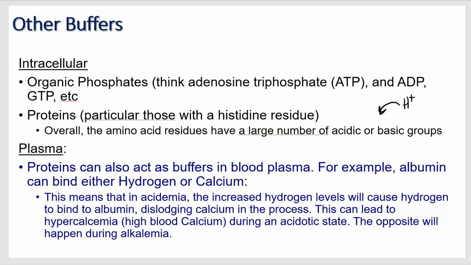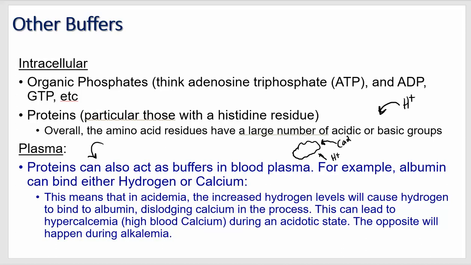I will say that proteins can also be outside, and in fact, I will say it right here, because it's written. So proteins can also act as buffers in blood plasma. So for example, albumin can bind either hydrogen or calcium. So if we have our albumin, it can bind calcium, or it can bind hydrogen.